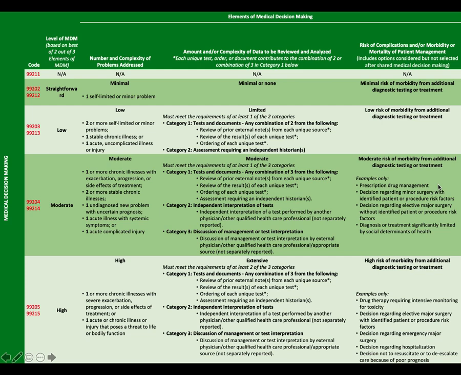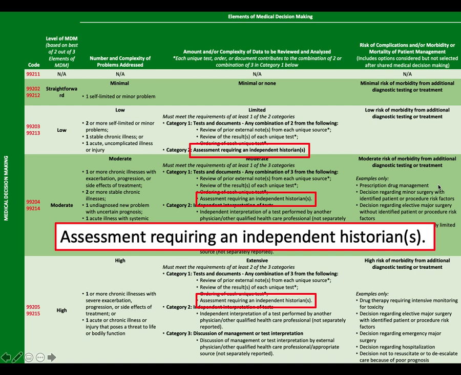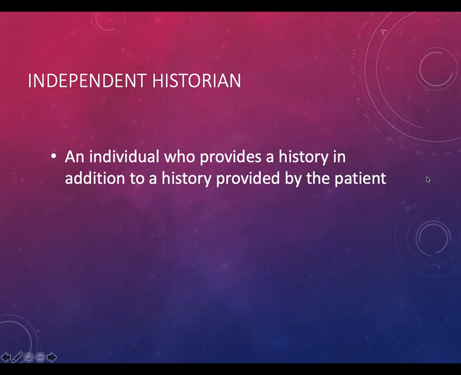Next is the definition of independent historian. Assessment requiring an independent historian appears in 3 places. An independent historian is an individual who provides history in addition to that obtained from the patient. The individual could be, per CPT examples, a parent, guardian, surrogate, spouse, or witness.